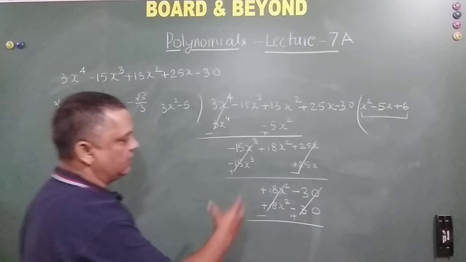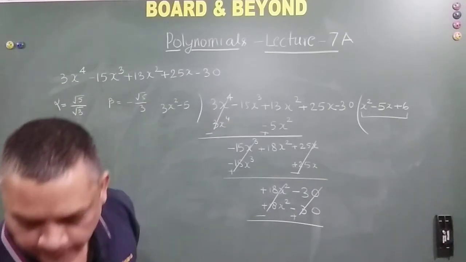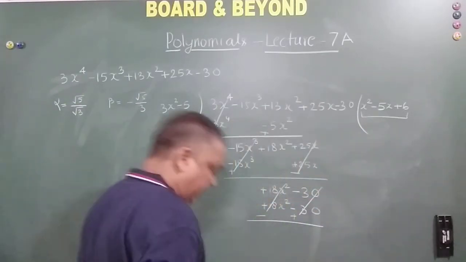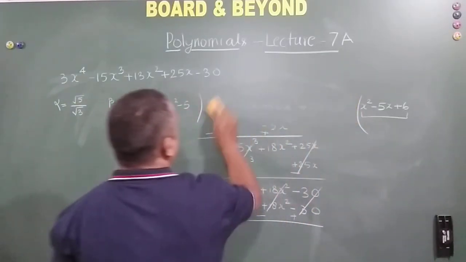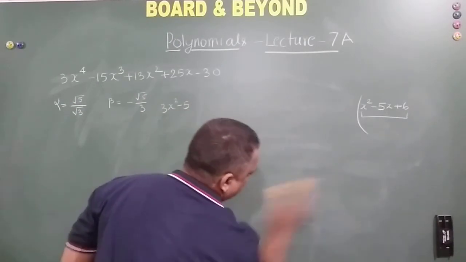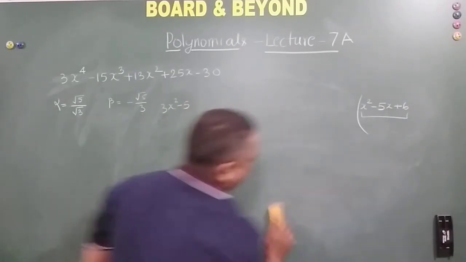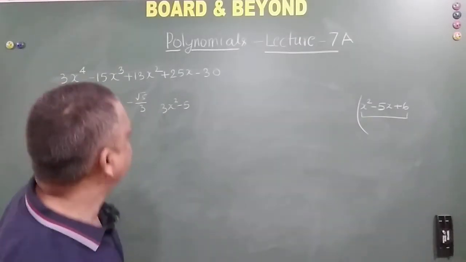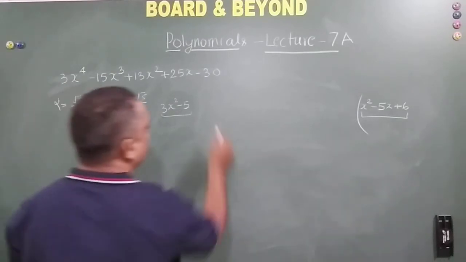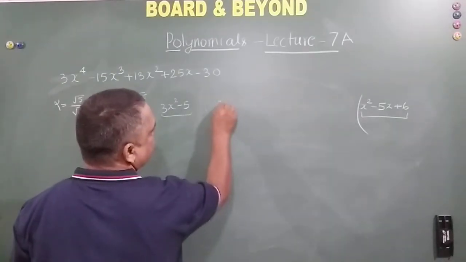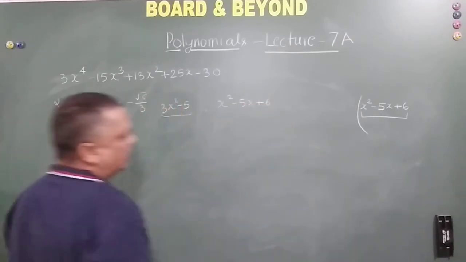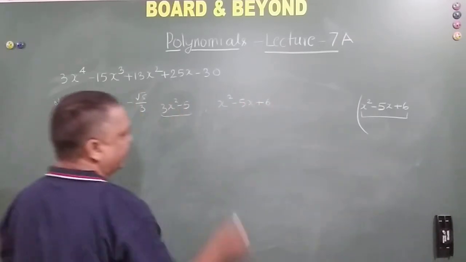Okay. So I'll just rub off the division part of it, and I'll just use this. So what's happening here, my friends? See, I have got the first factor 3x square minus 5, and the second one which I have got is x square minus 5x plus 6, right? I'll try to factorize this, my friends. Break it further.